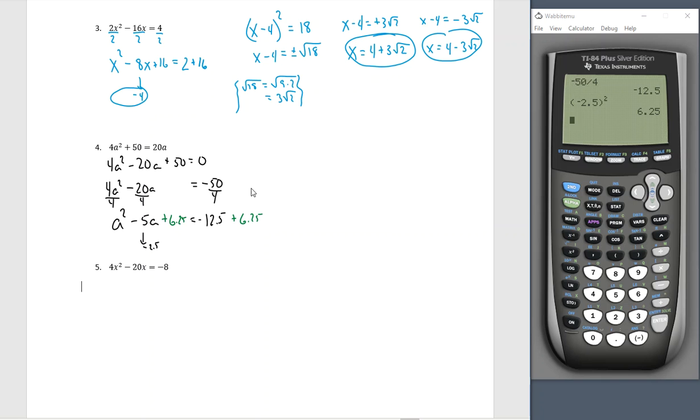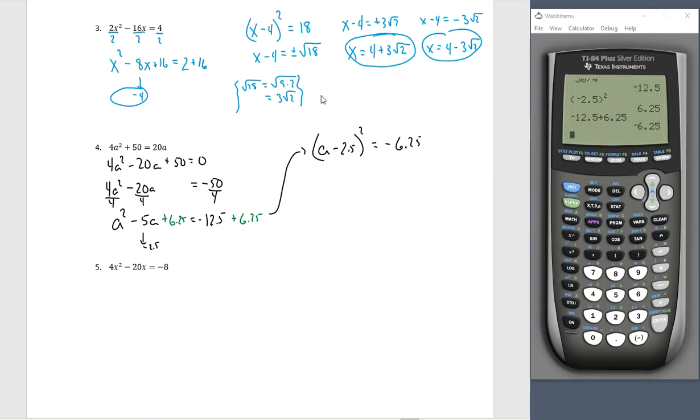Okay, what do we have? Let's take this line and bring it up over here. I will have a minus 2.5 squared equals negative 12.5 plus 6.25, which gives me negative 6.25.